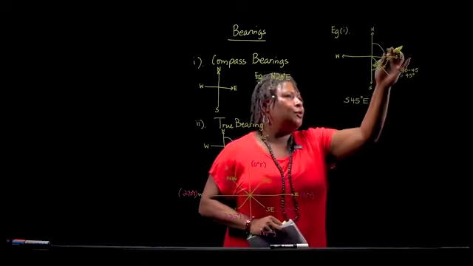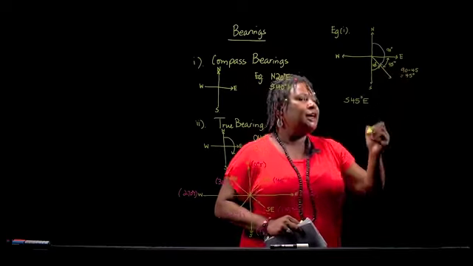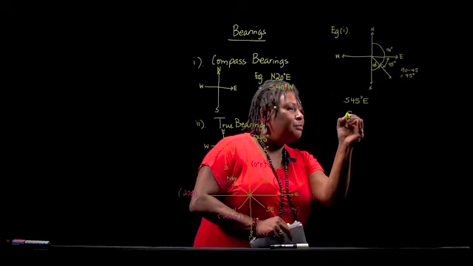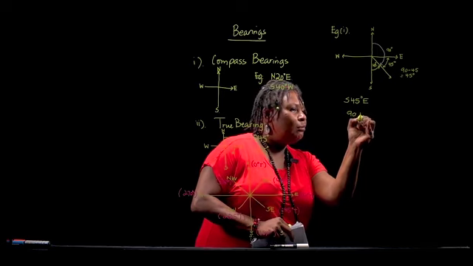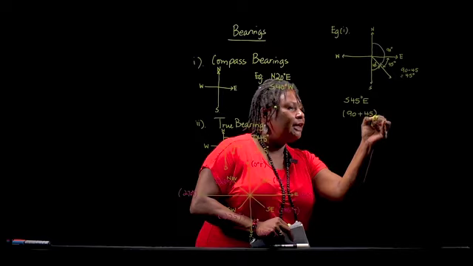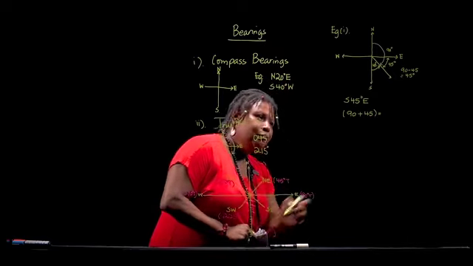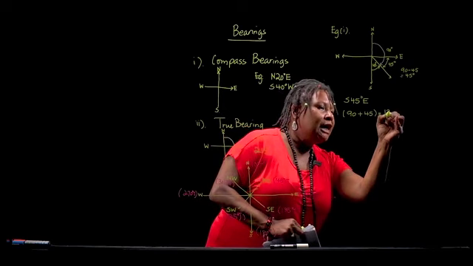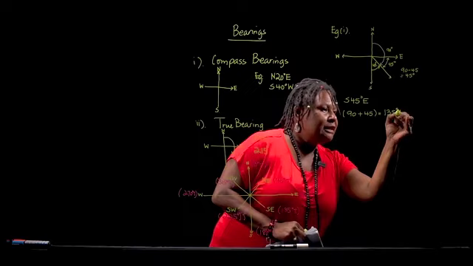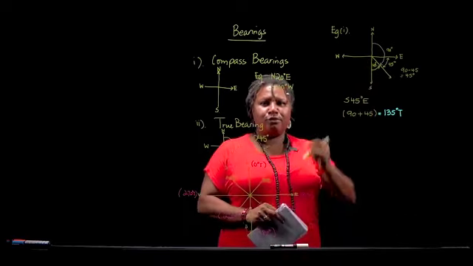So this is also 45 degrees. Our true bearing will be 90 plus 45 degrees, which is already given on our diagram. So it's 135 degrees T, indicating that we've started at the true north.